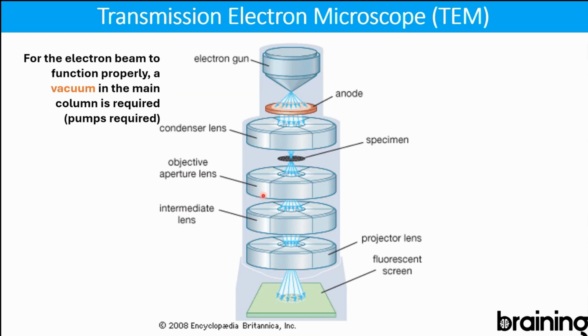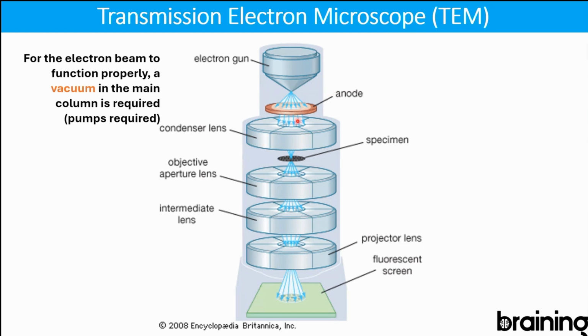So just to have an overview of how this electron microscope is working, you have up here the electron gun. And remember that to be able to function properly, there has to be a vacuum in the main column. So the pumps are required to be removing the air from the entire interior of the column.